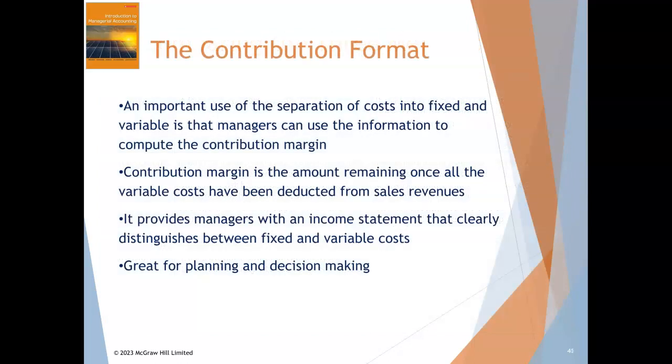The contribution margin format. An important use of the separation of costs into fixed and variable is that managers can use the information to compute the contribution margin. Contribution margin is the amount remaining once all the variable costs have been deducted from sales revenues. It provides managers with an income statement that clearly distinguishes between fixed and variable costs, great for planning and decision making.